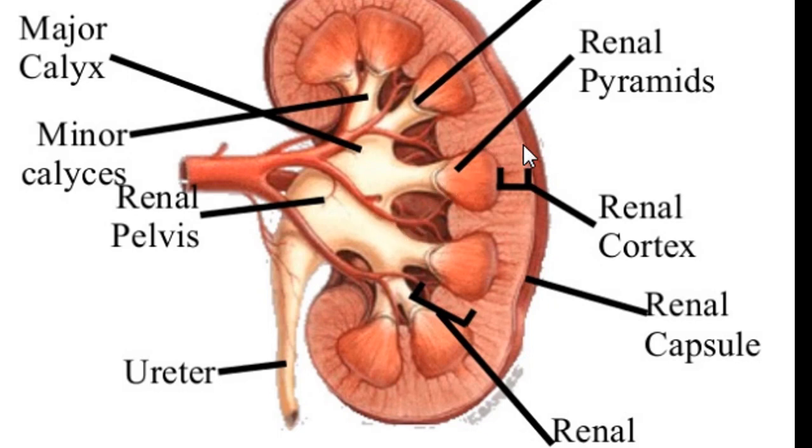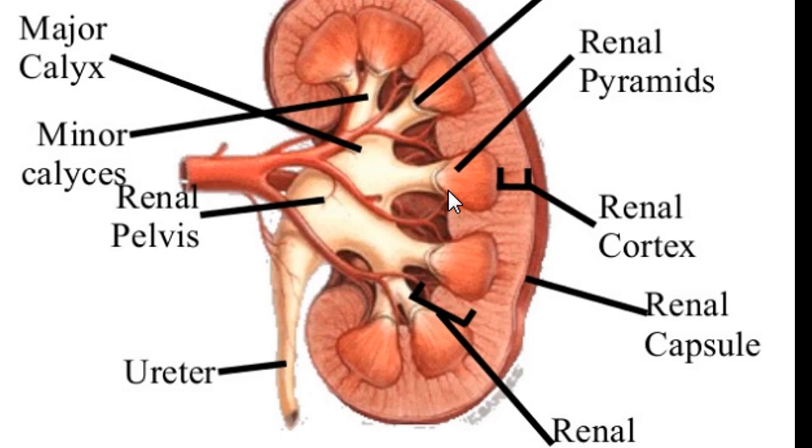The area of the medulla in contact with the minor calyx is called a renal pyramid, and the area of cortex above the renal pyramid is called the renal cortex.